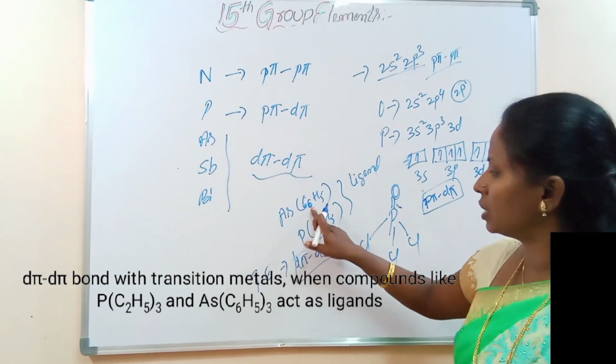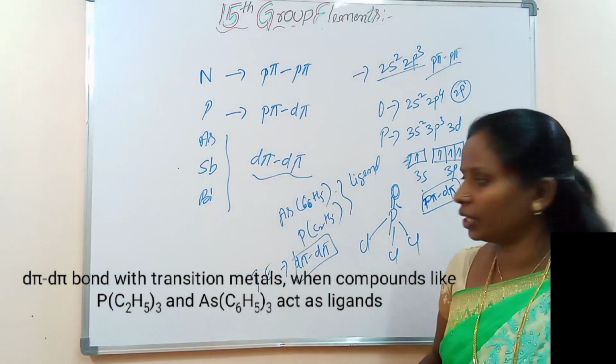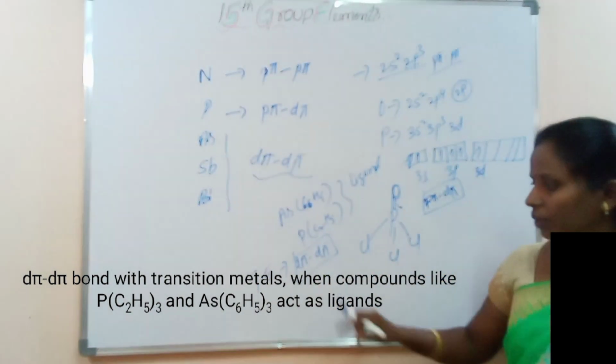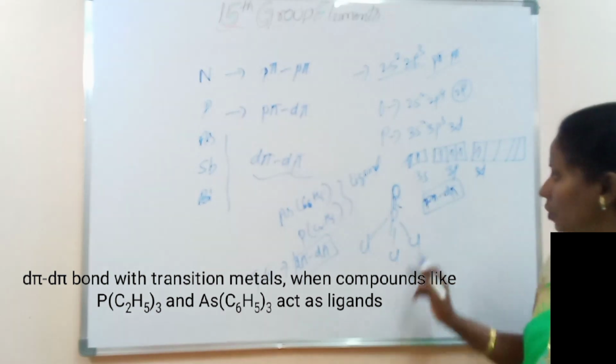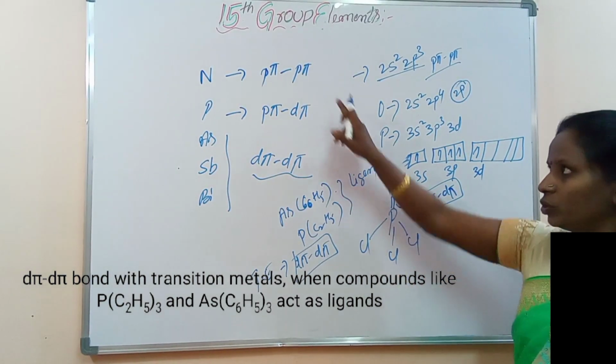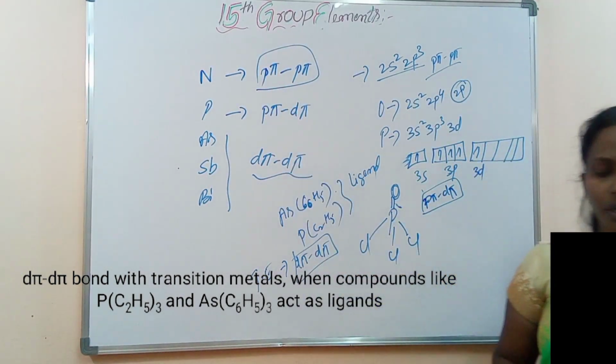Where As(C6H5) and P(C2H5) act as ligands, they form d pi bonds. But in this compound it is going to form p pi d pi, but nitrogen is going to form only p pi bonds.